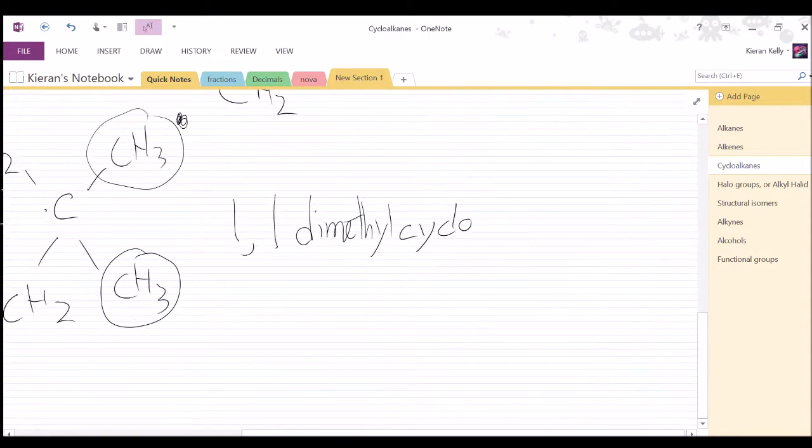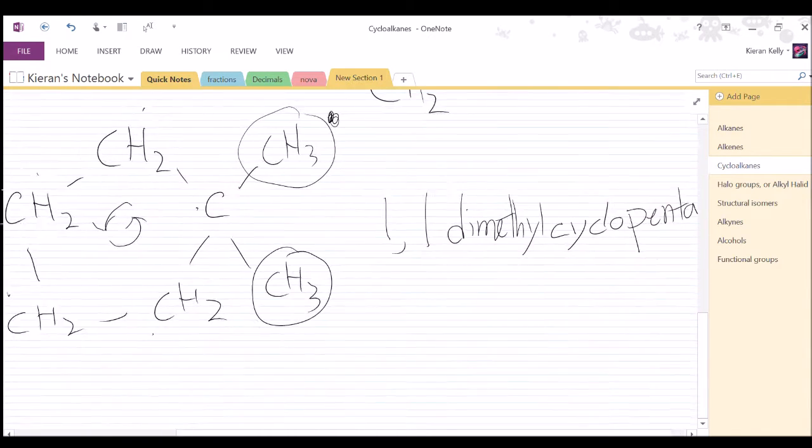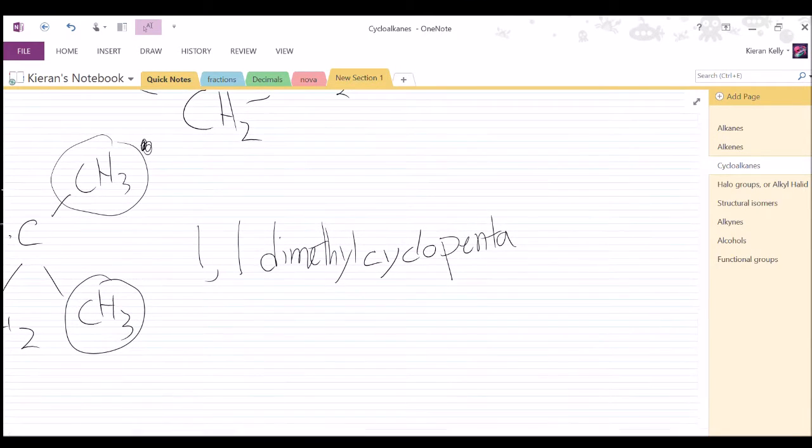The prefix for 5 is penta, so we're going to go ahead and write penta, which represents our 5 carbons. And now every carbon is attached to the other carbons with 1 bond, and the ending we add on for 1 bond is ane. To finish that off, so we have 1,1-dimethylcyclopentane.